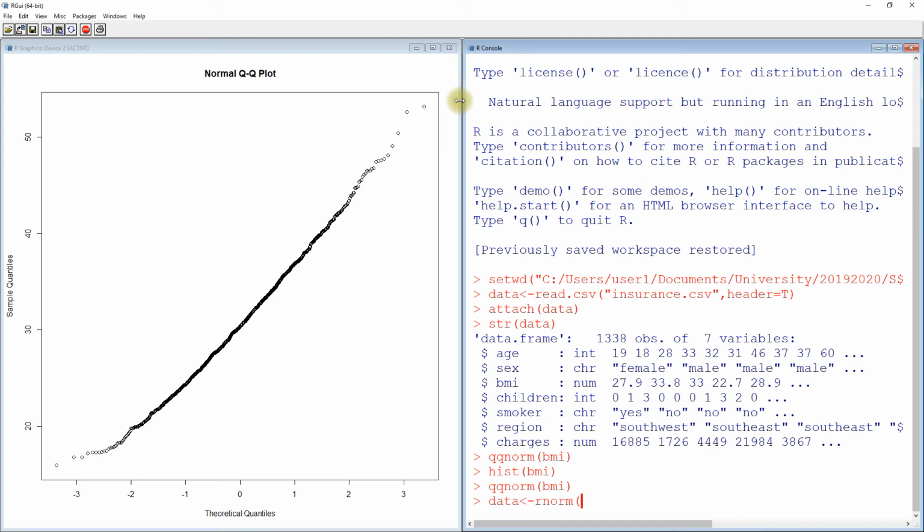Our norm means you are generating random variates from a normal distribution. Let's suppose I generate 99 of those with a mean of 30 and a standard deviation of 10.